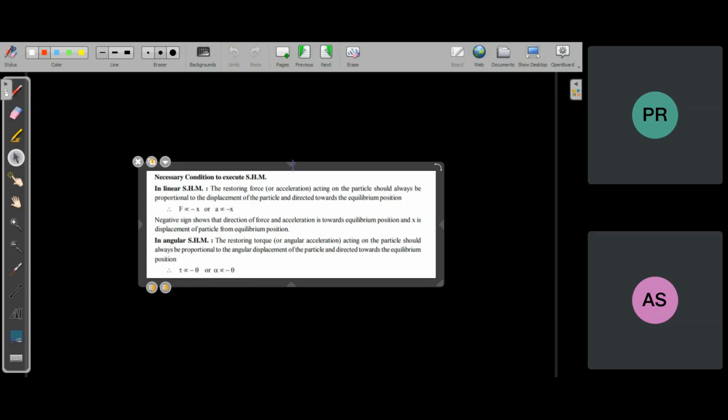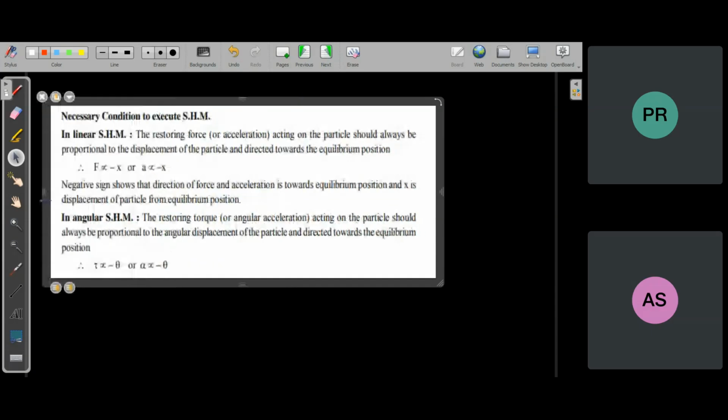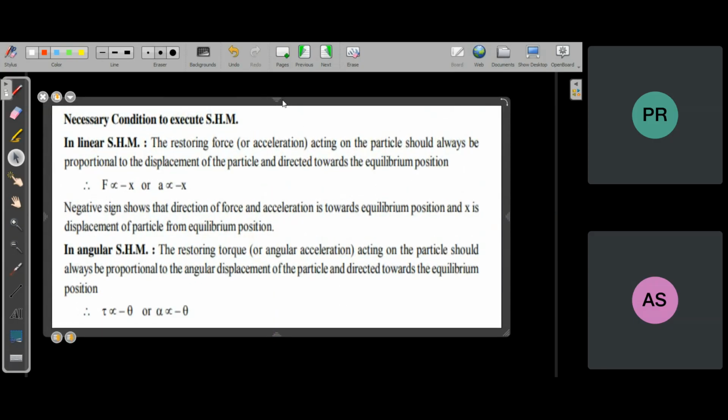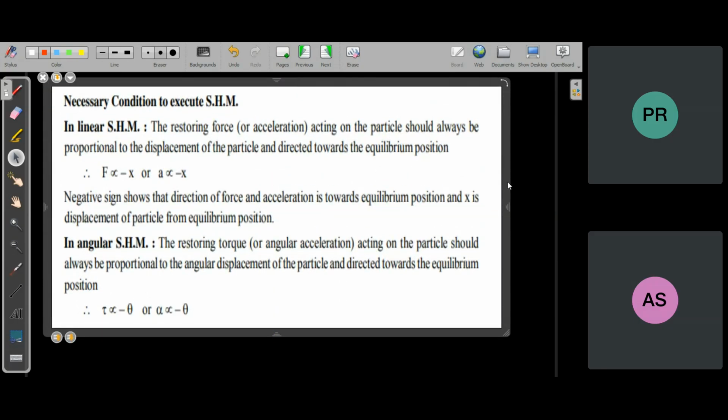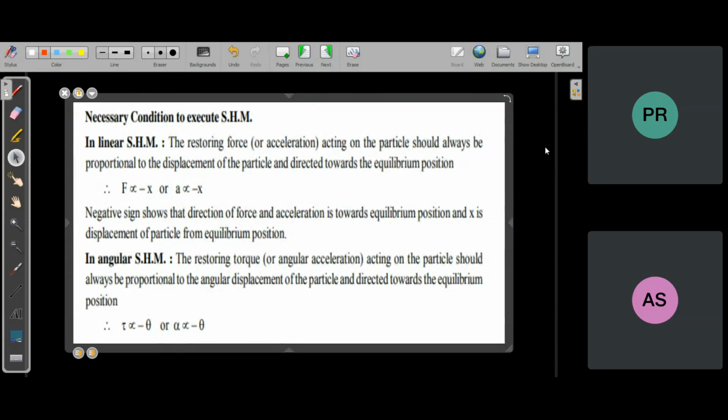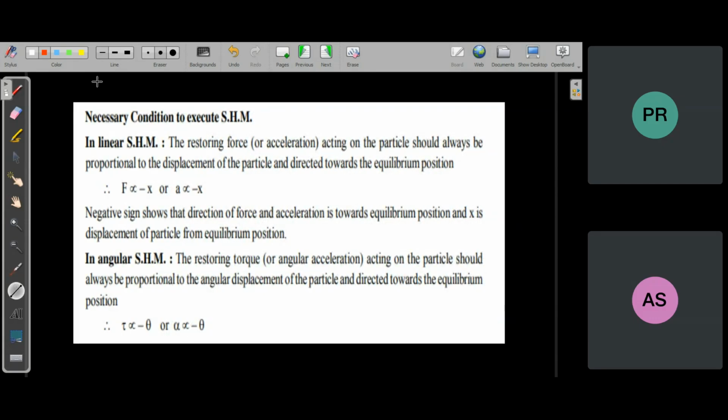Now, the necessary condition to execute SHM. We already discussed in the last class that the necessary condition is that the force must be directly proportional to the displacement from mean position and directed opposite to the displacement from mean position.